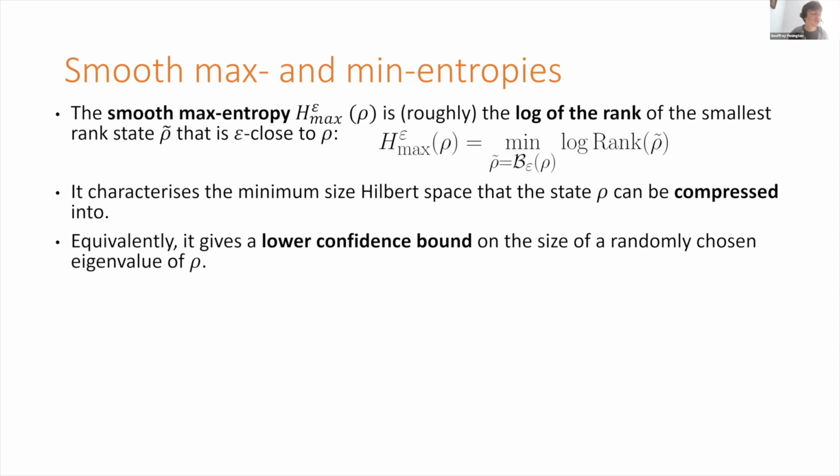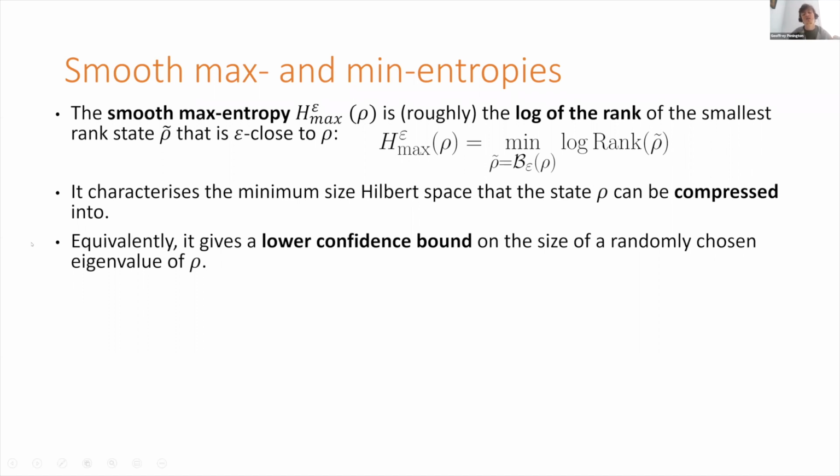Another definition of it that's pretty equivalent is that the von Neumann entropy is telling us the expectation of the log of a randomly chosen eigenvalue of the density matrix, right? It's the sum over minus lambda log lambda, where the lambda are the eigenvalues. It's the expectation, with a distribution given by lambda, of log lambda.